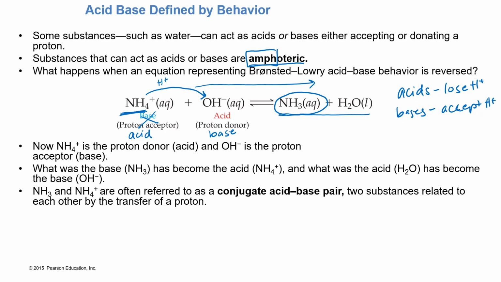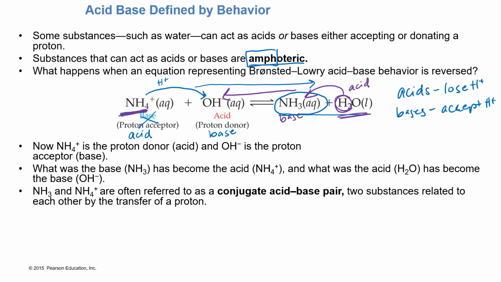And going in reverse, we see that water loses its hydrogen to NH3, because NH3 on the left side of the reaction has an extra hydrogen. So that means that this went to here, and so this is the acid and this is the base going in reverse.